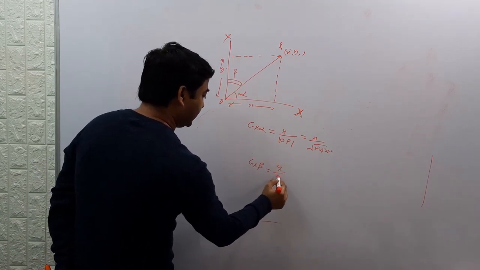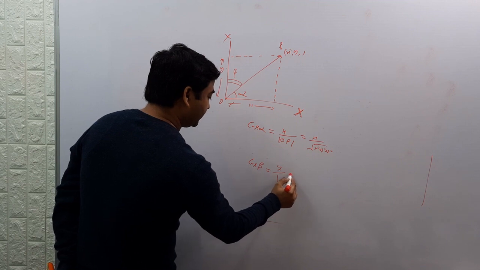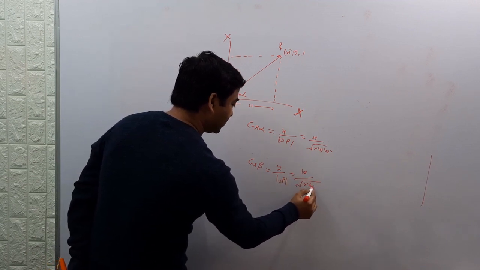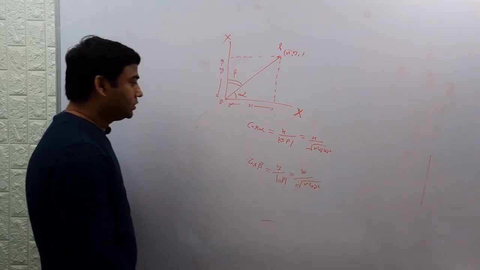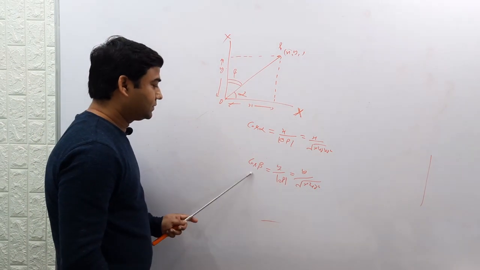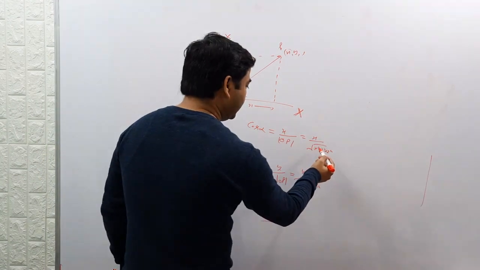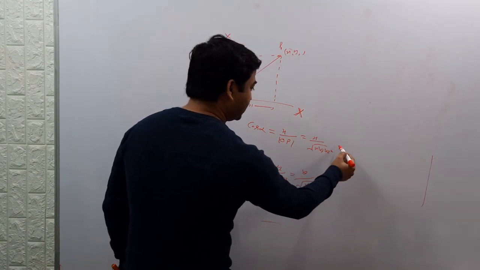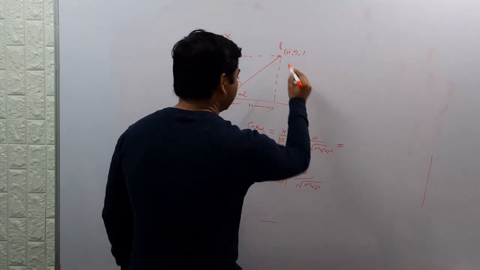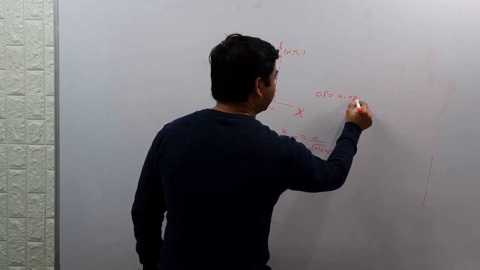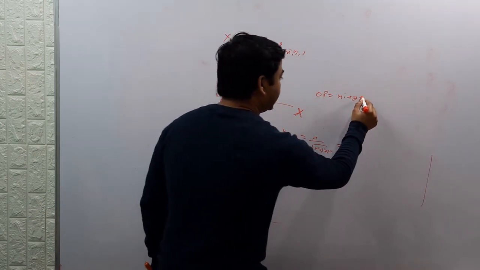Y divided by mod of OP is equal to y by under root of x square plus y square. So these are called the cosines. Here you can see what x divided by under root x square is; this OP is xi plus yj.